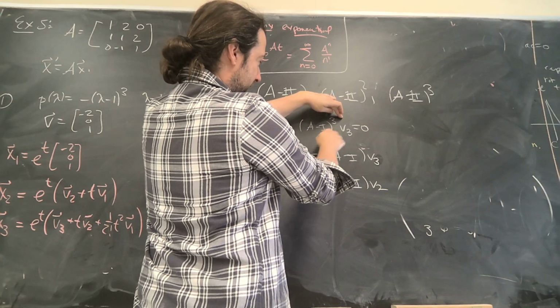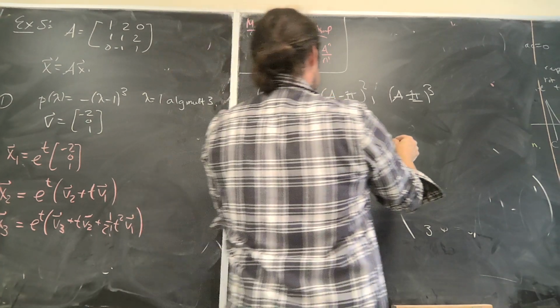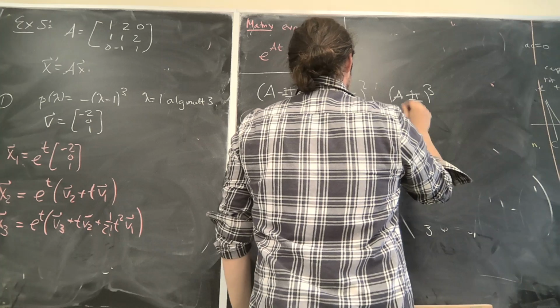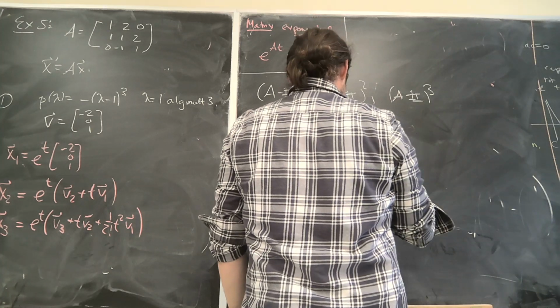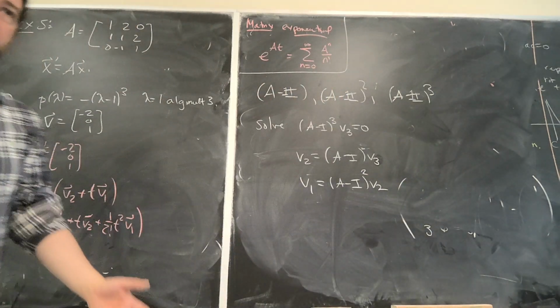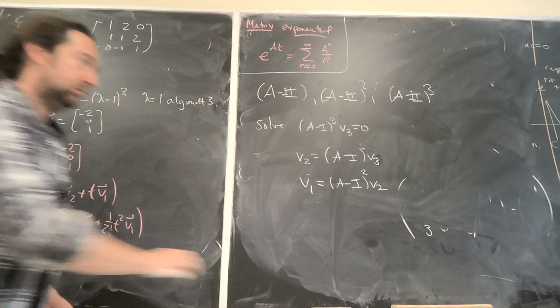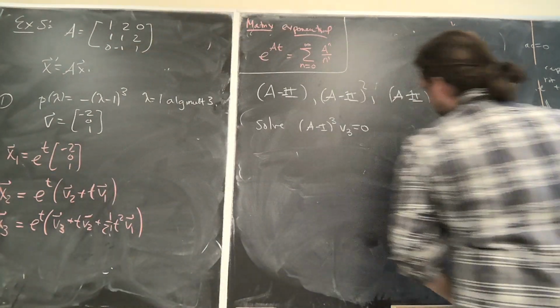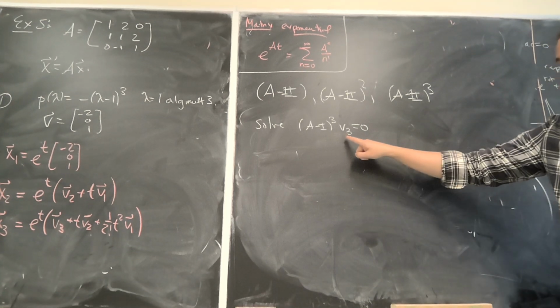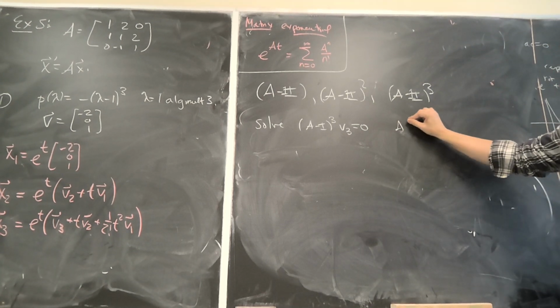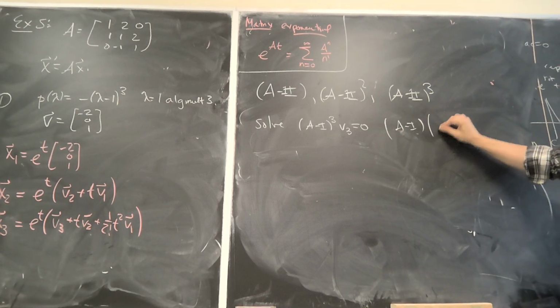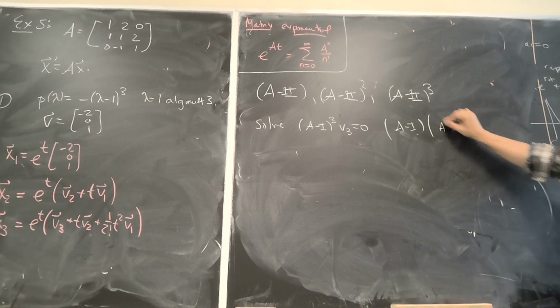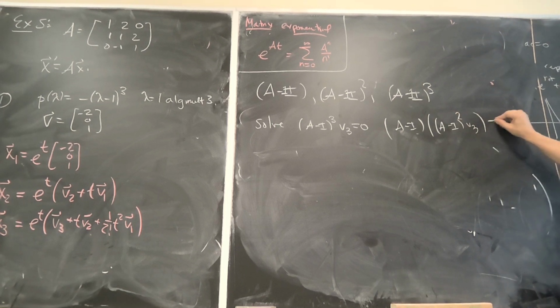The idea is the following. If I know that A minus I cubed v3 is equal to 0, then that means I know that A minus I times A minus I squared v3 is equal to 0.